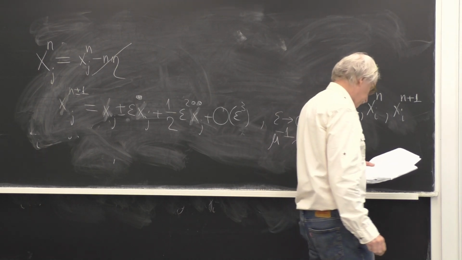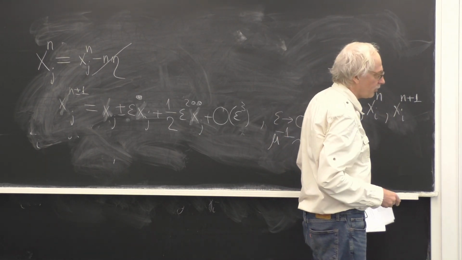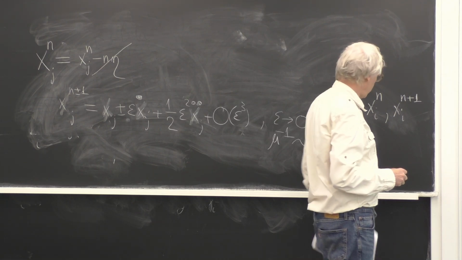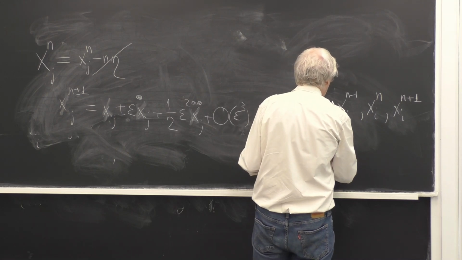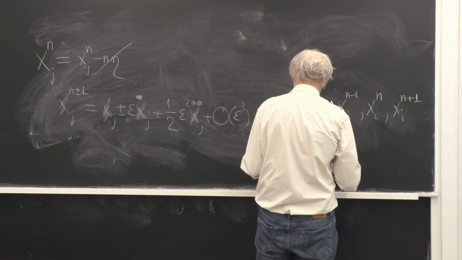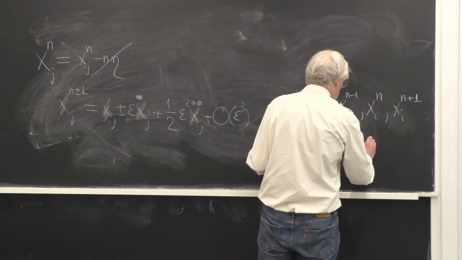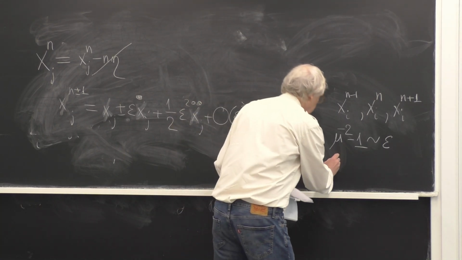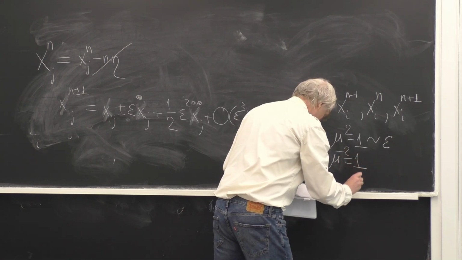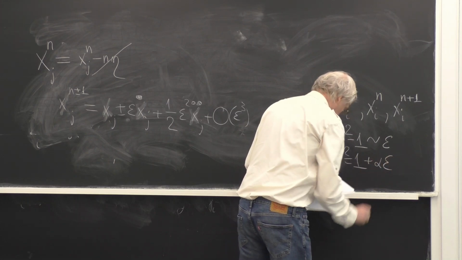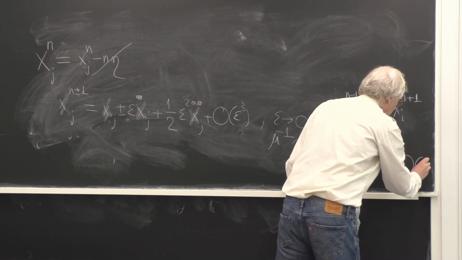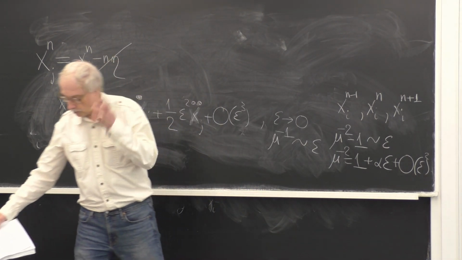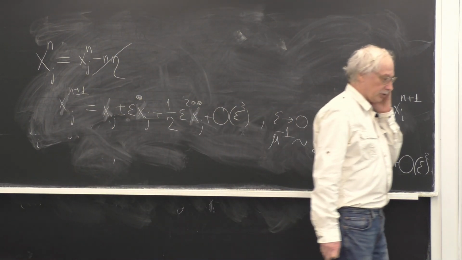In this case, for general values of mu, you get just the standard Ruijsenaars-Schneider system in the limit. However, if mu to the minus 2 degree minus 1 is of order epsilon, say mu to the minus 2 is 1 plus some alpha times epsilon plus higher terms, then the continuum limit is very different.